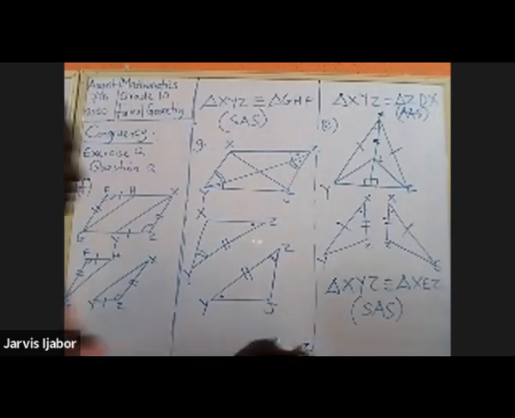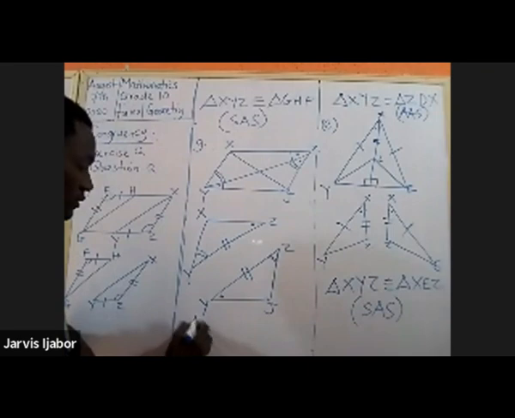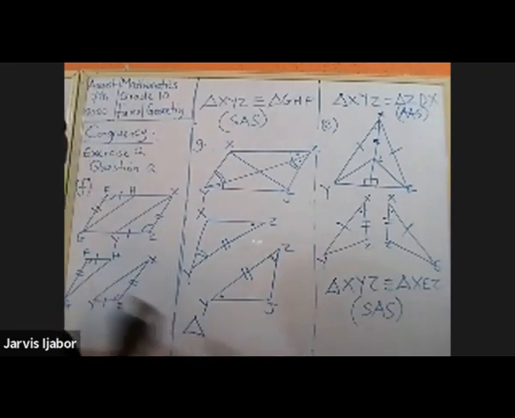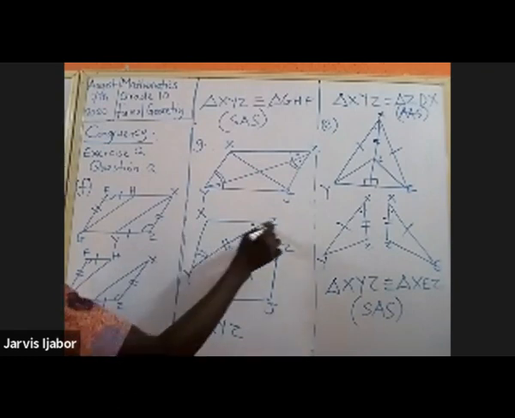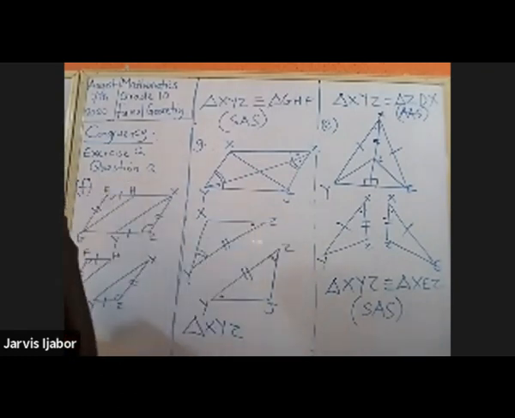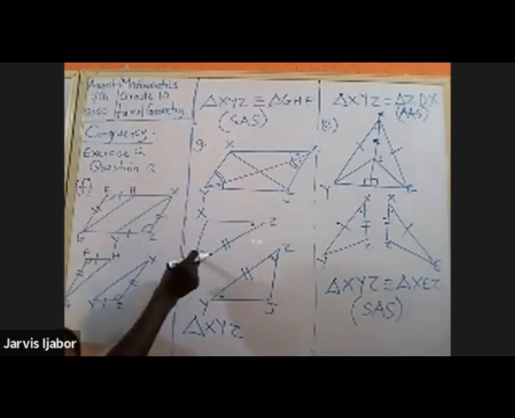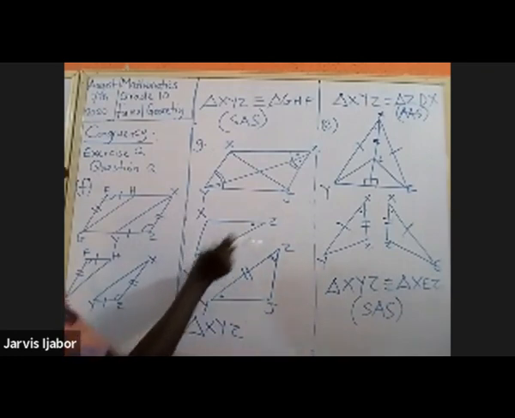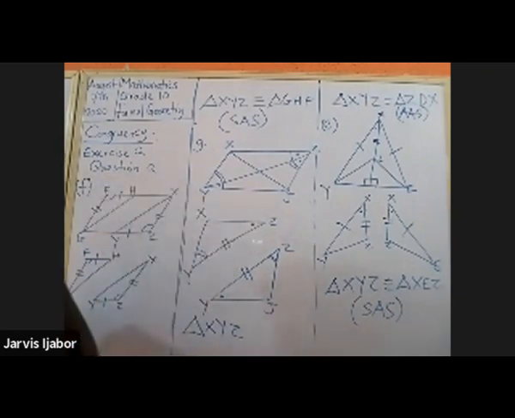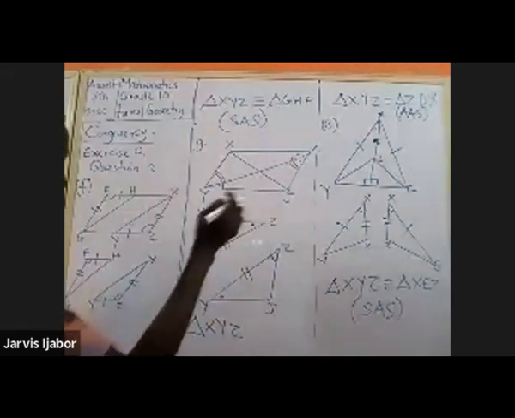All right. So triangle XYZ. Please watch what I've done. Double stroke, stroke, double strokes, and dots. So XYZ, I'll go with what?